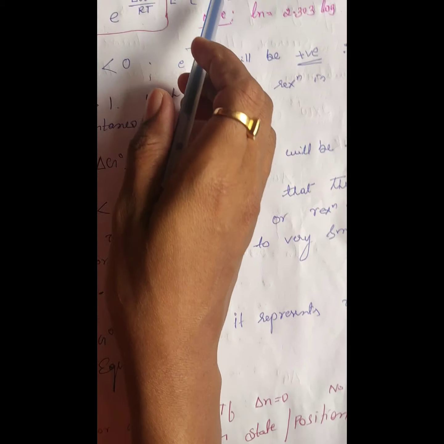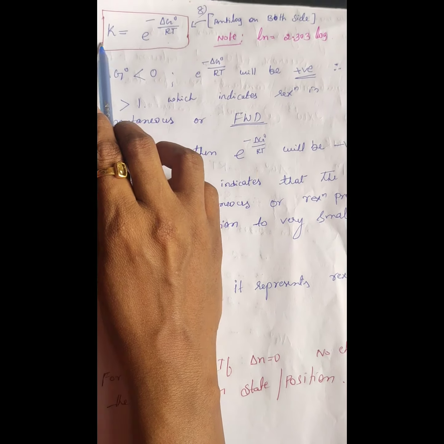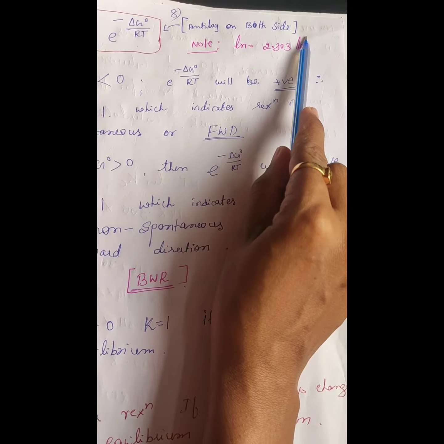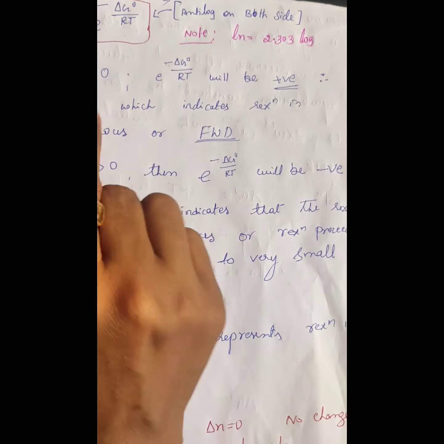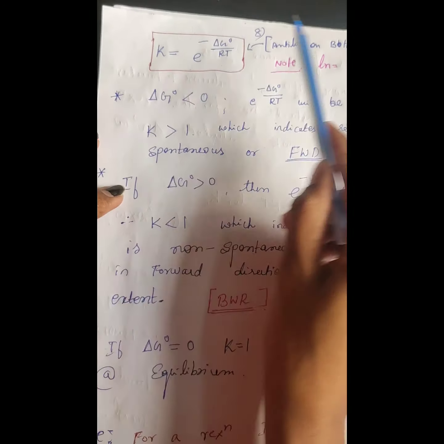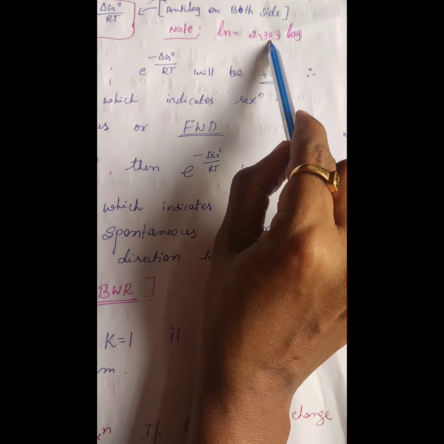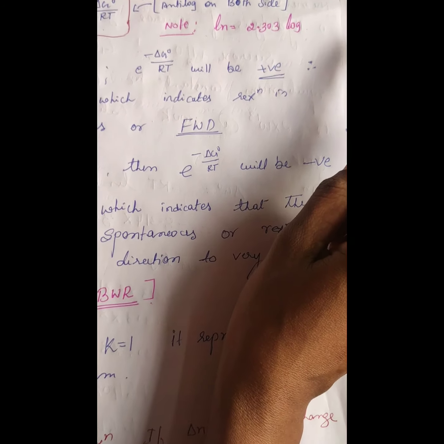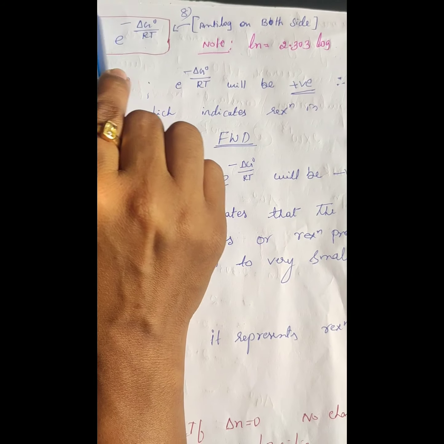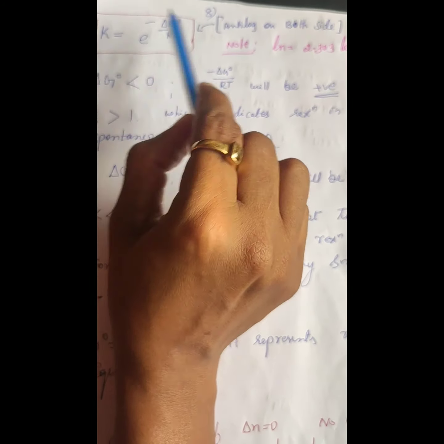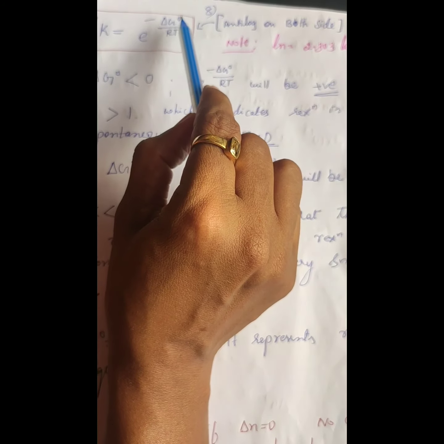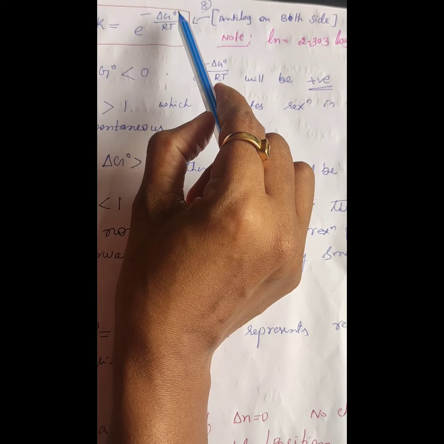This final expression is obtained just by taking the antilog on both sides. So this expression is very important. Here also you can note that ln equals 2.303 log. Children, you should remember this simplified expression for K, showing how K is related to thermodynamic principles.